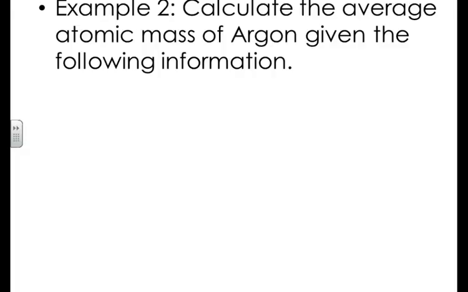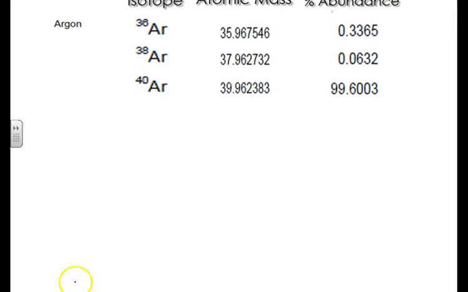All right, let's calculate the average atomic mass of argon given the following information. Okay, so we have argon-36, which has this mass and this percentage abundance. 38 has this, 40 has this.